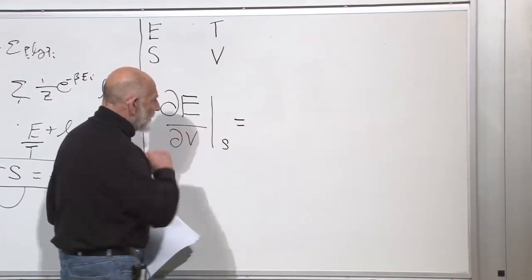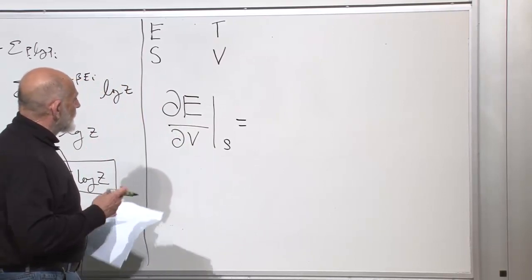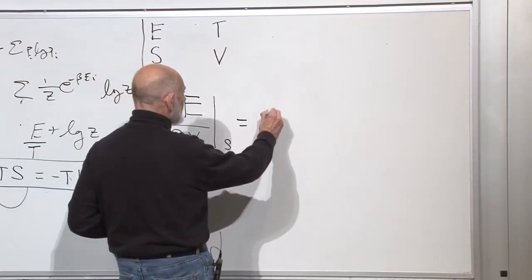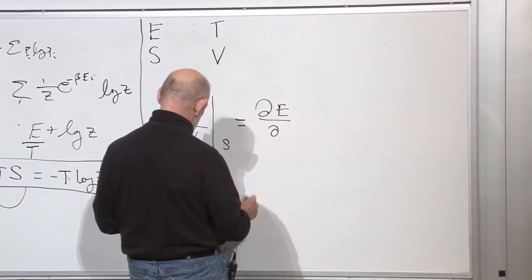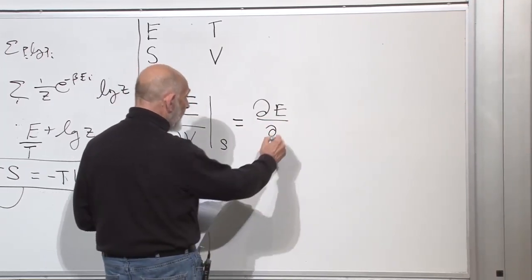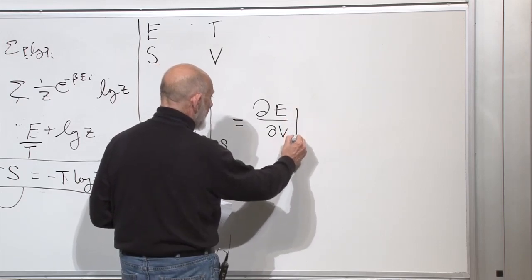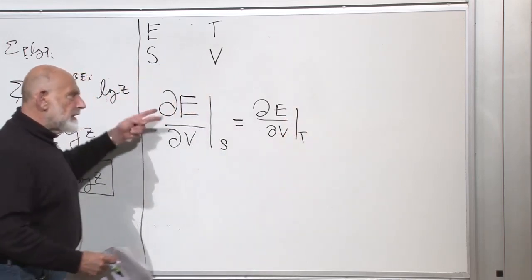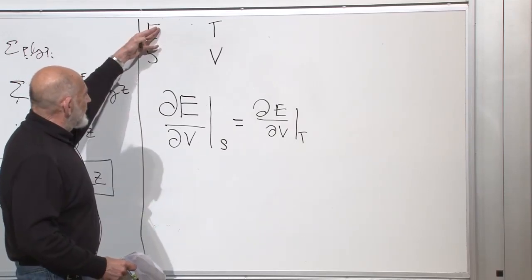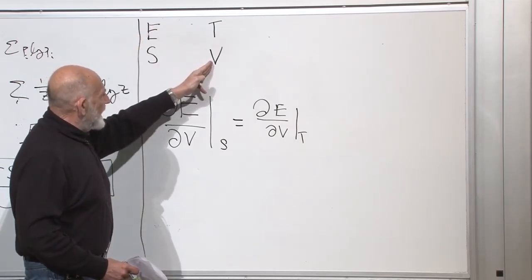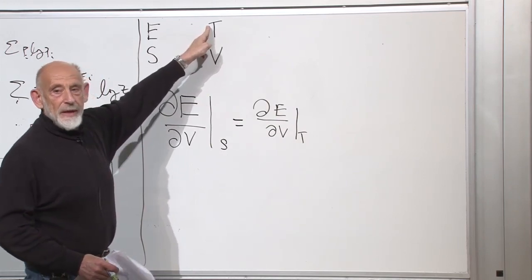And that's the sum of two terms, or actually the difference of two terms. One of them is the derivative of the energy E with respect to the volume, keeping the temperature fixed. Well, that looks a little more normal. We're differentiating a dependent variable with respect to an independent variable, keeping the other independent variable fixed.